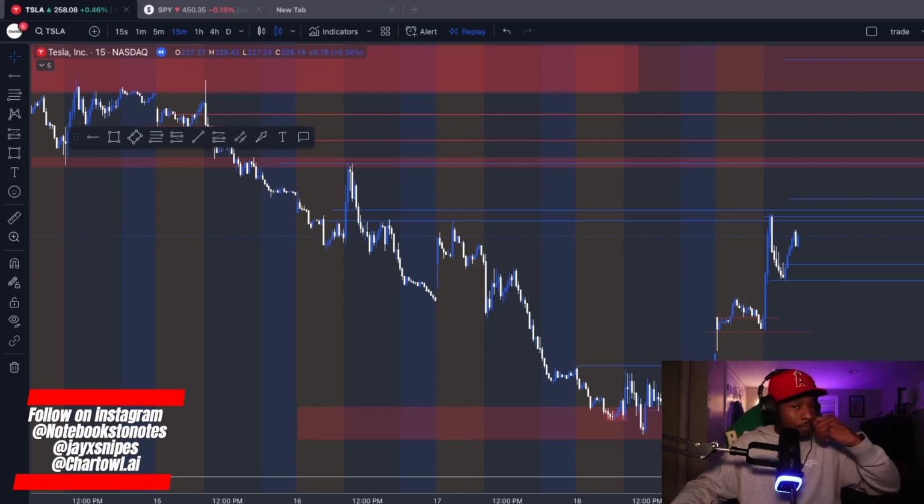But it goes to show you that either this doesn't work, or I'm just horrible at trading. Well, I'm here to tell you it could be both. Or it could just be the fact that support and resistance does not work the way you want it to or the way that it's been taught.